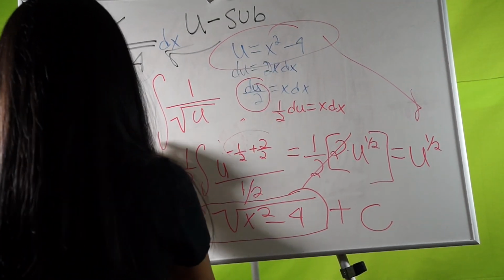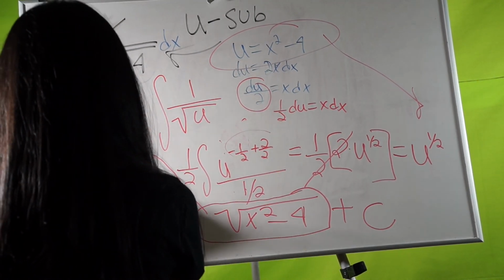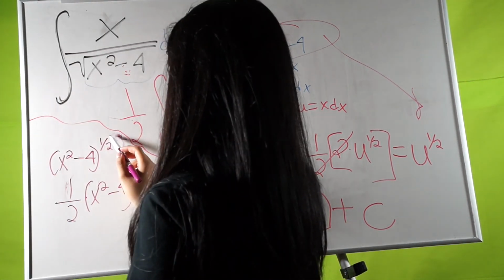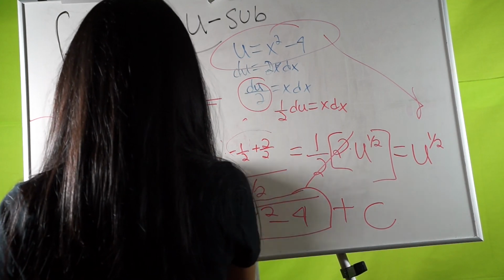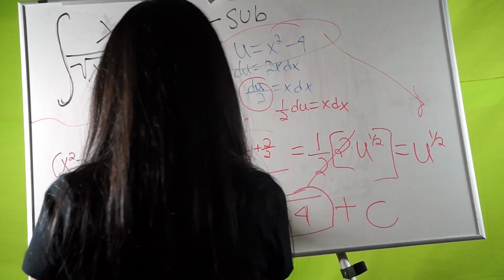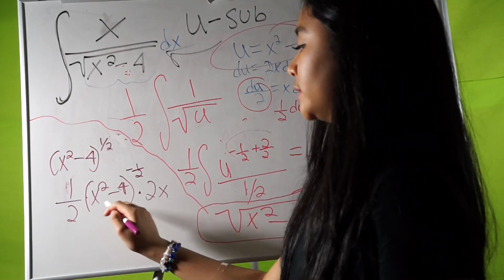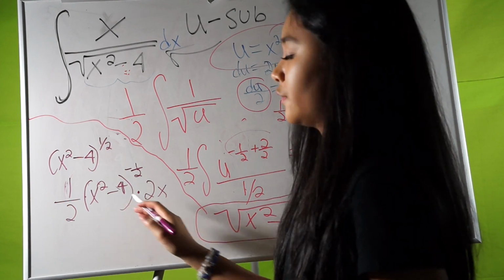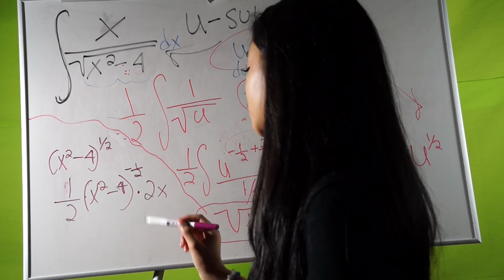Actually, you're supposed to multiply here, so it's 1/2 times x squared minus 4 to the minus 2 over 2, so it's just minus 1/2. And then we're going to derive the inner function, so it's just 2x because the derivative of minus 4 is just 0, and then the derivative of x squared is just 2x.